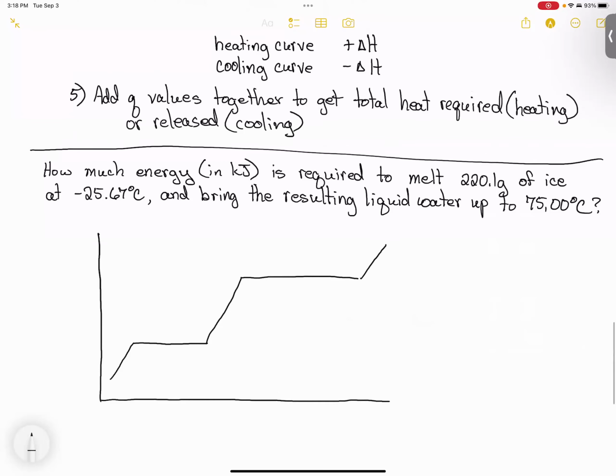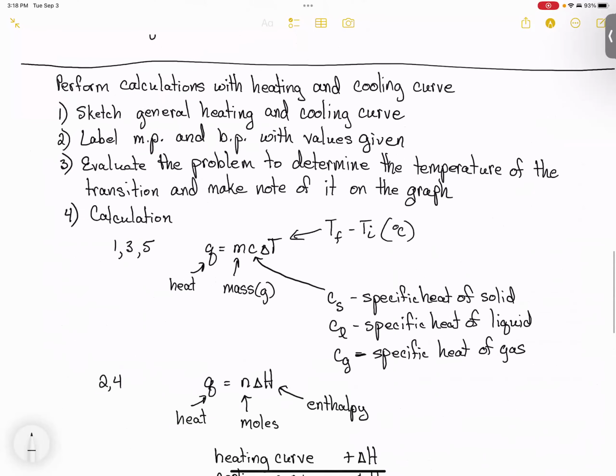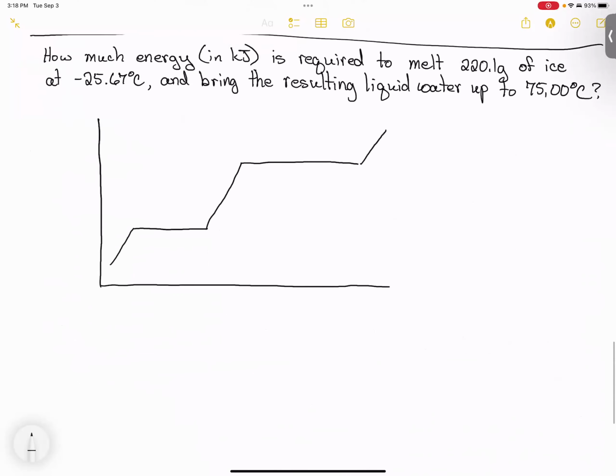Step two. This is ice and water. So what are my melting point and boiling point? Where's your melting point? And I'll get your boiling point.